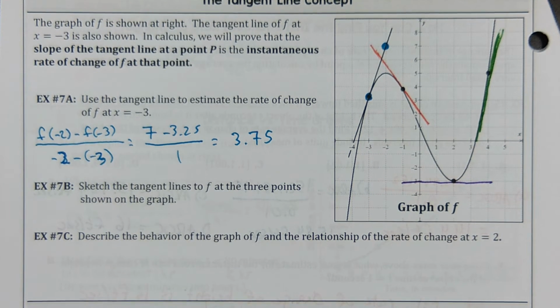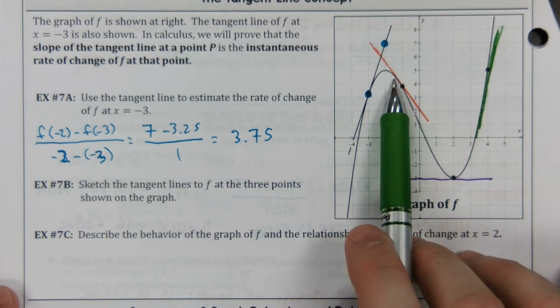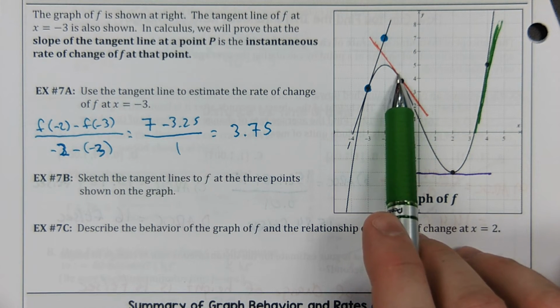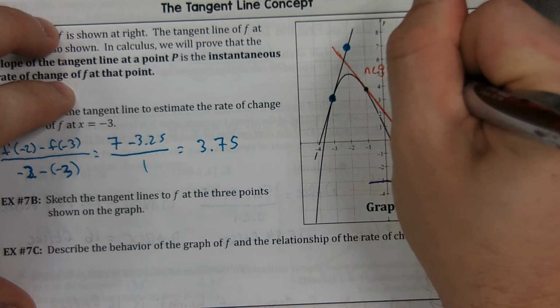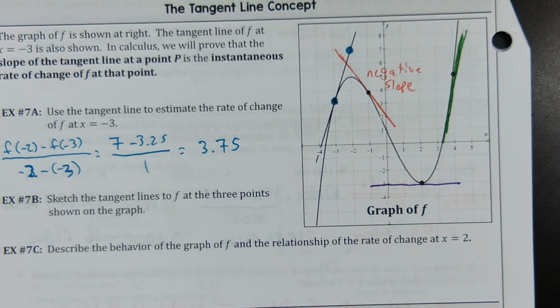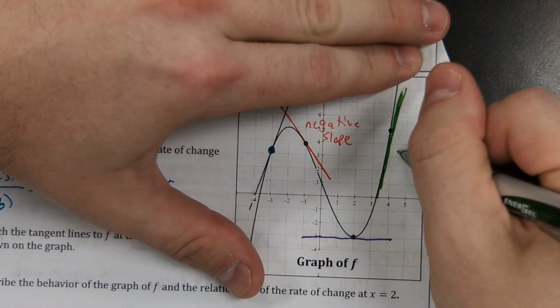So, 7C. It says describe the behavior of the graph and the relationship of the rate of change at x equals 2. Okay, I tell you what. This red line, does it have a positive slope or a negative slope? Negative slope. The green line, does it have a positive slope or a negative slope? Positive.